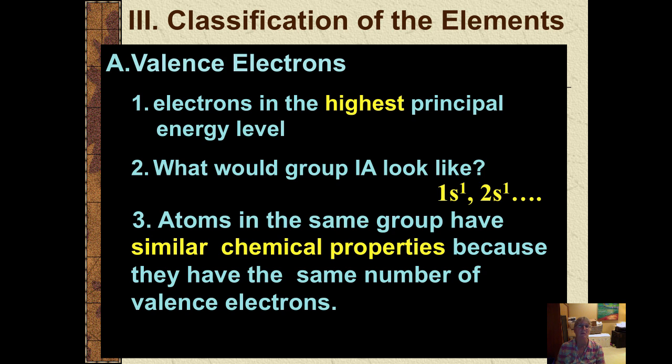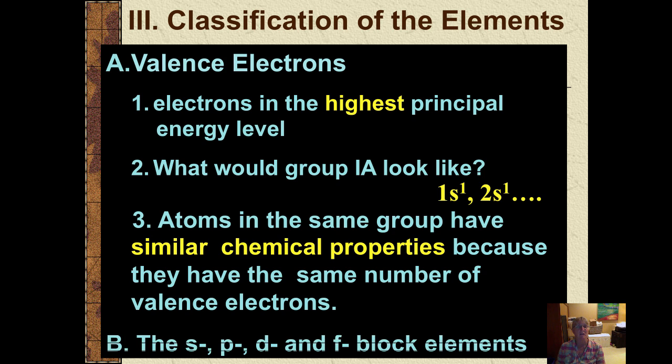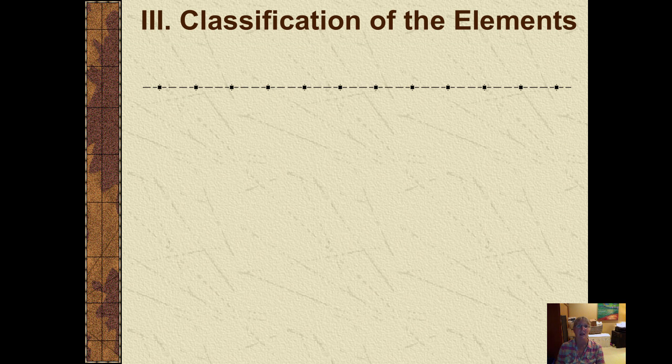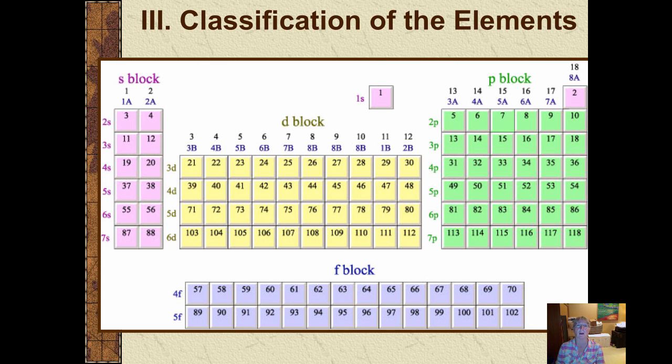And of course, remember, they don't necessarily just have s electrons. You would have to add the outermost s and p electrons together to get the valence electrons, as we learned in the activity on grouping elements. The periodic table can also be divided into blocks, as we learned in the last chapter, with our s, p, d, and f blocks.